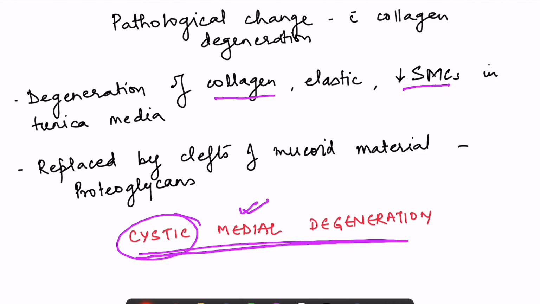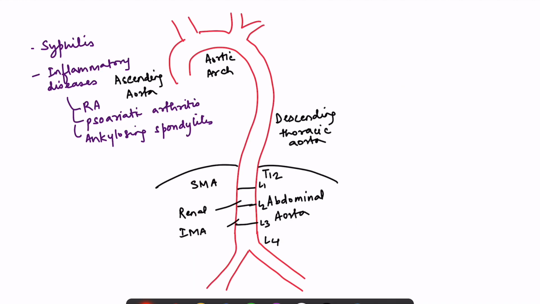There is degeneration of the collagen, elastin in the tunica media. And in turn, the tunica media cells are replaced by clefts of mucoid material, that is proteoglycans. Proteoglycans, okay. So collagen, elastin, smooth muscle cells are going to decrease. There will be accumulation of proteoglycans. This is the pathological change which is seen.